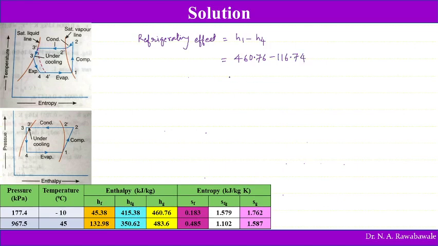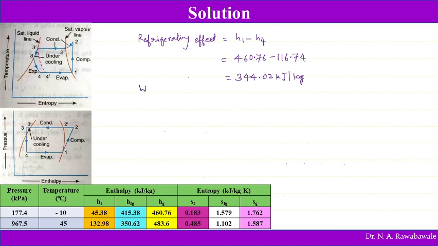So the refrigerating effect is 460.76 minus 116.74, which is 344.02 kilojoules per kg. So this is the refrigerating effect.